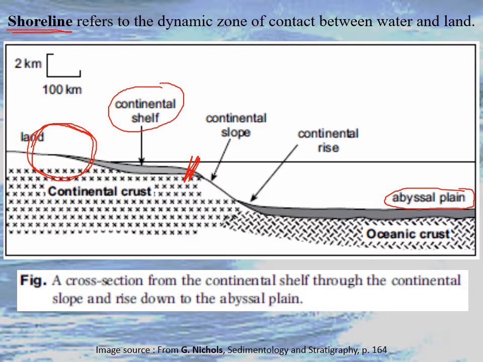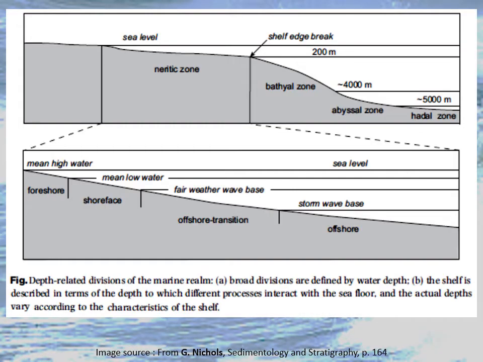So this shoreline or coastline, whatever you say, marks the junction or the transition from the land area to the oceanic area.